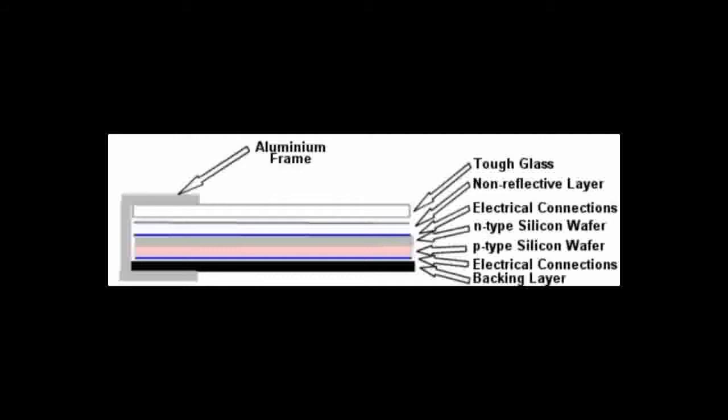But all these layers would start to kind of delaminate from each other and allow moisture to come in. That moisture would, of course, cloud the panel, and you'd see the panel's production drop. And that was the problem with the older panels. You don't see that with a modern panel.